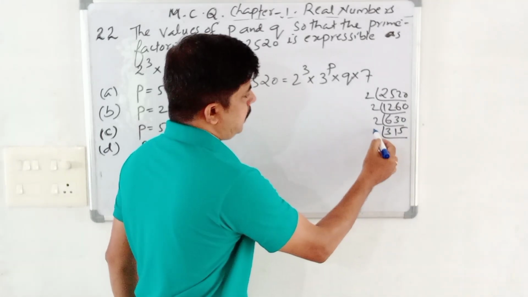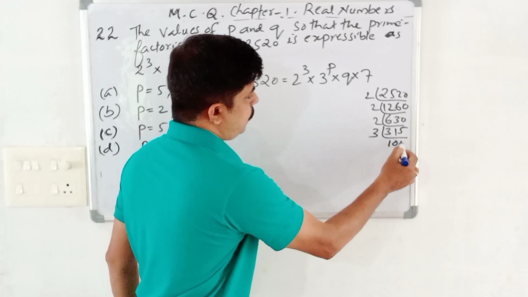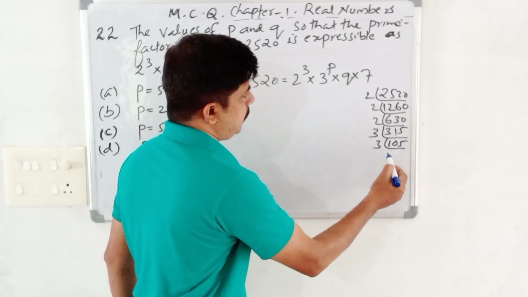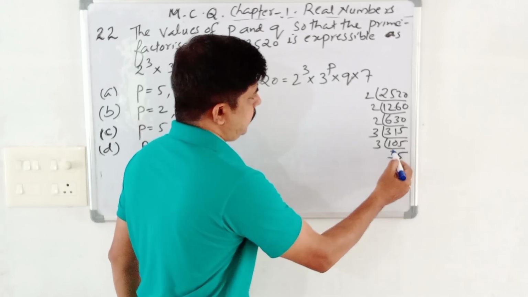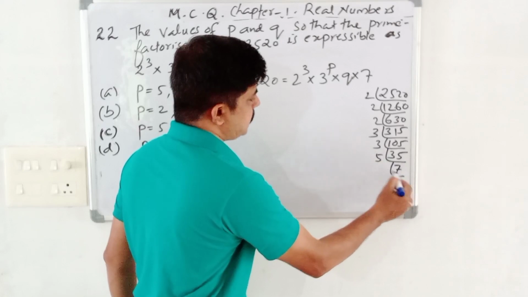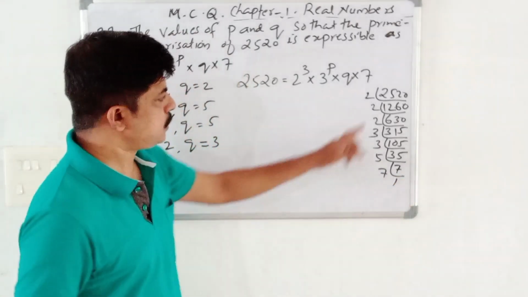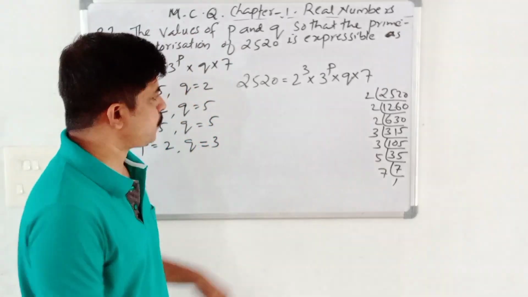Now let us take 3 as the factor. 3 1s are 3, 0 5. Again 3 will be the factor. 3 3s are 9, 15. We have 5 into 7. These are the factors. This 2520 can be expressed in exponential form.